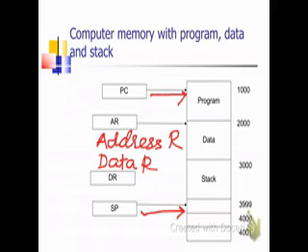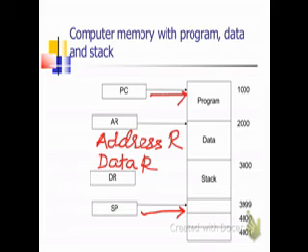Now this address register and the data register have a special purpose. Address register, as you can see, is pointing to the data segment. So the address register holds the current address of the operand for the instruction that is being executed.